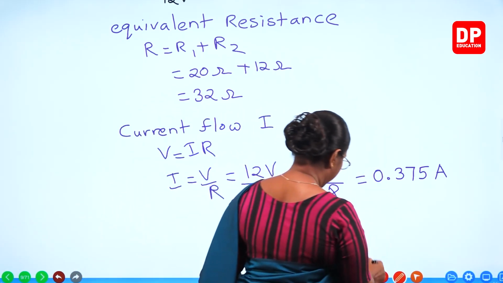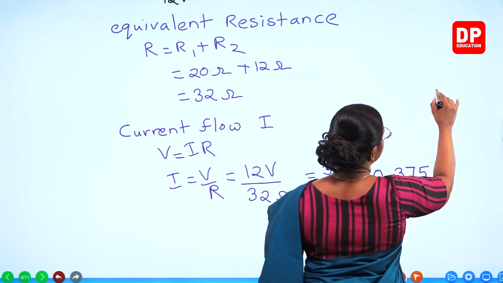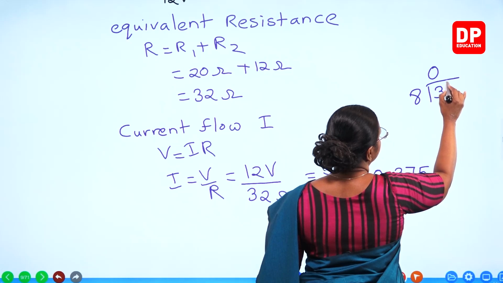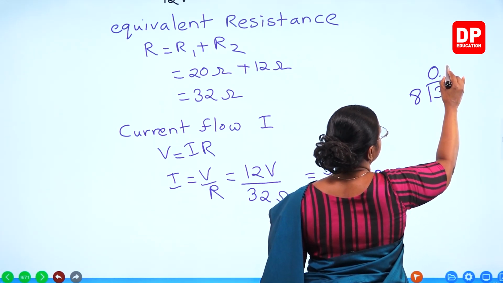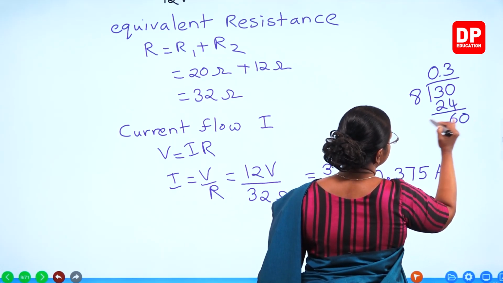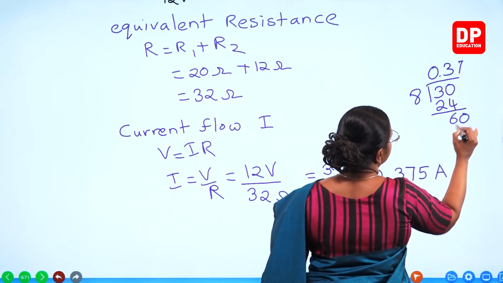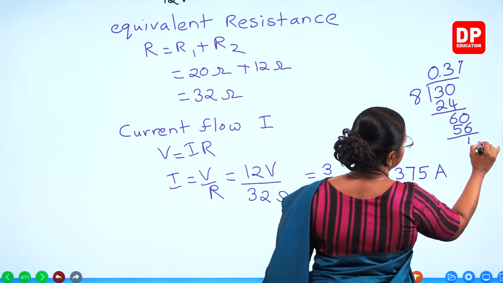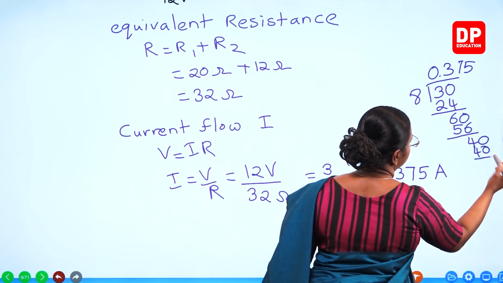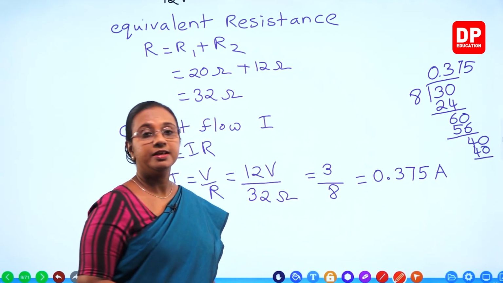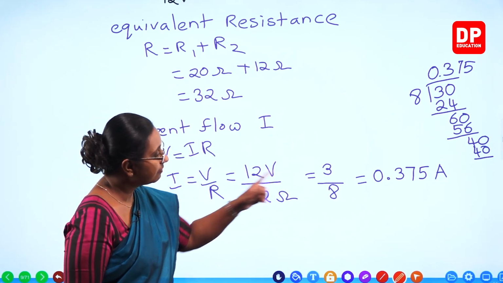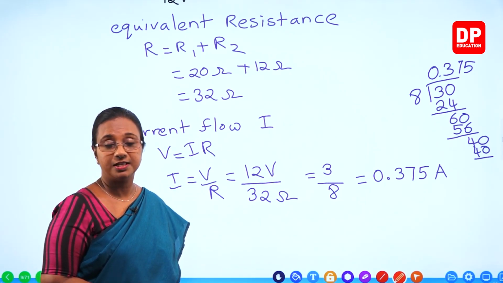If you can do the calculation also: 3 divided by 8, 0. So 30, 3 times 8, 24. You get 6, 60. So 7 into 8, 56. Then 4, 45. 5 times 8, 40. So that is 0.375 amperes.